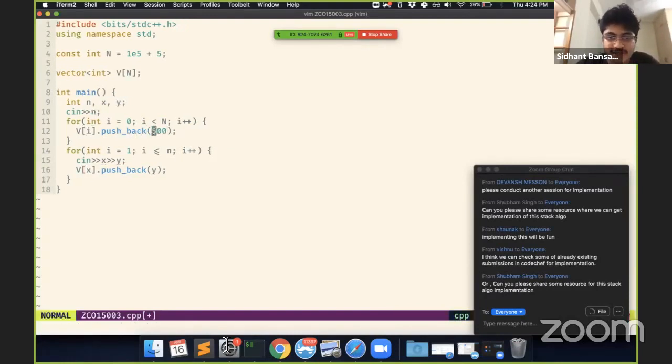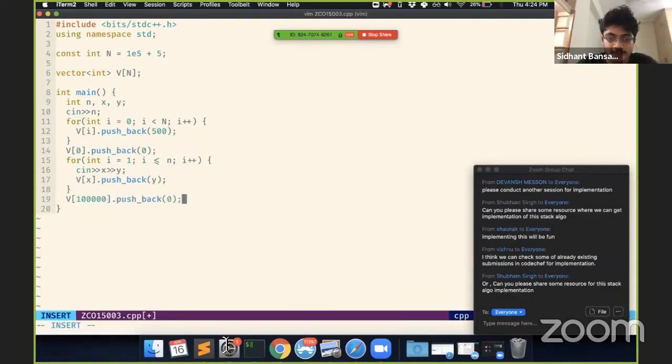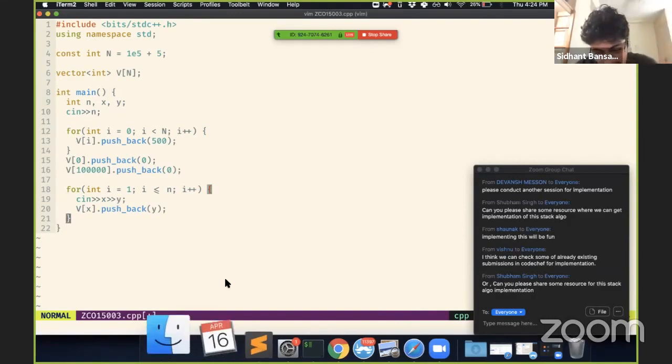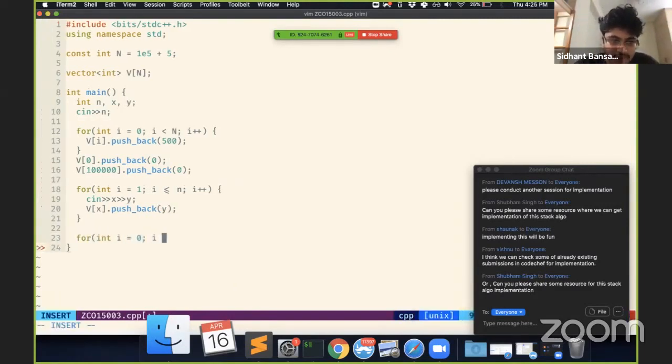Right, I'm first inserting all the 500 dummy elements, like all the 500s, the top guys. I'll also insert v0 dot push_back 0. Okay, and also insert v 10 to the 5 dot push_back 0. So these are basically the dummy elements that are inserted, right? And these are the actual elements that are inserted. So for each X, I'm inserting some Ys for that X, whichever points come, okay? And then I'll also do something of this sort.